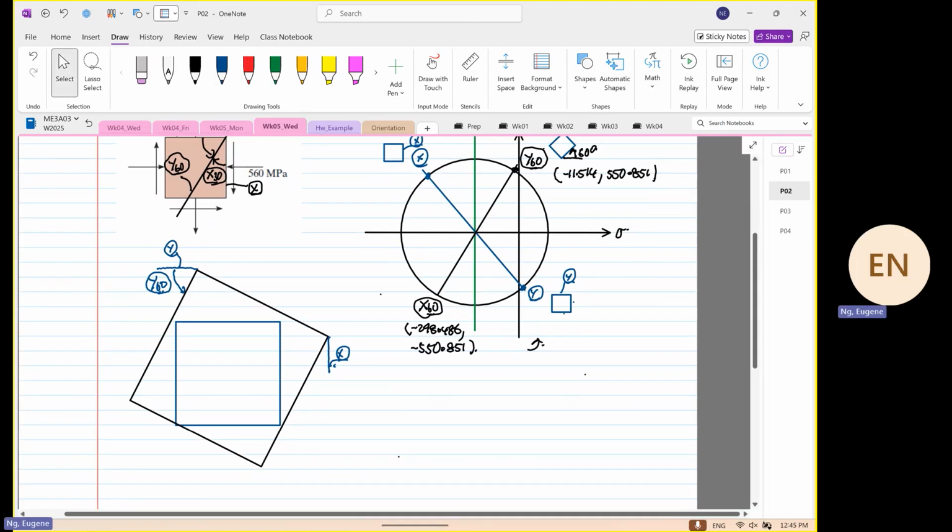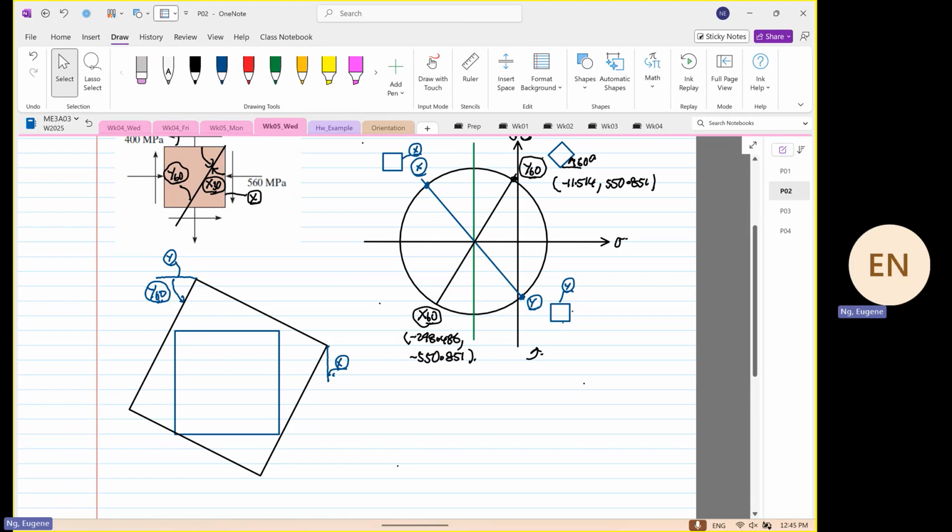By looking at your Y60, we know that over here, we have a compression of 11.514.